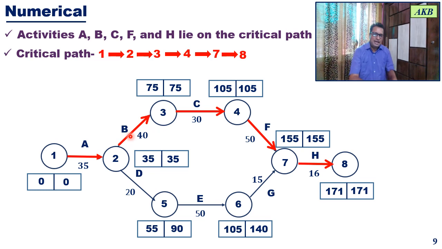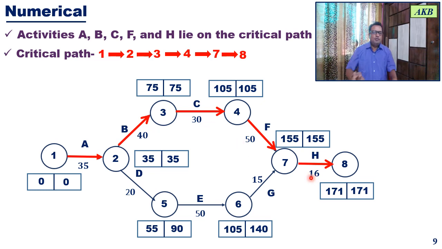So once you have shown the critical path, you can also find out the project duration. So for project duration, you simply add the durations of the activities that are falling on the critical path. So it will be 35 plus 40 plus 30 plus 50 plus 16.